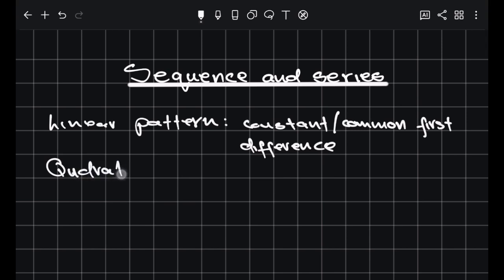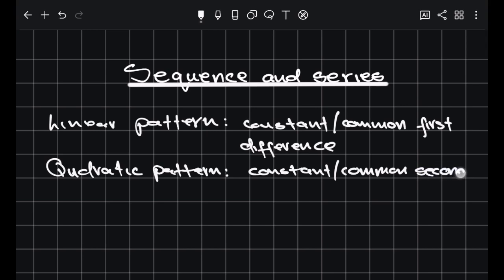Remember that. And we learned about another type of number pattern, and we said it was a quadratic pattern. We said a quadratic has a constant or common, now not a first, but a second difference. Remember that.